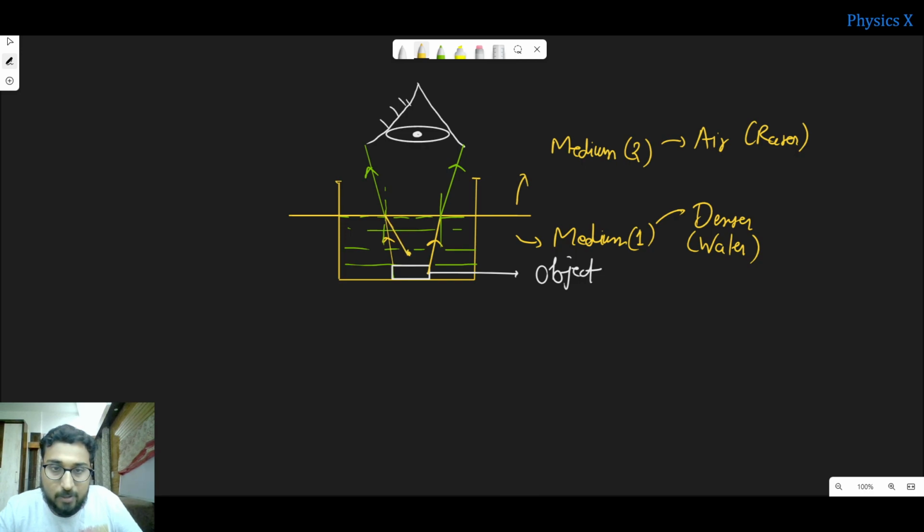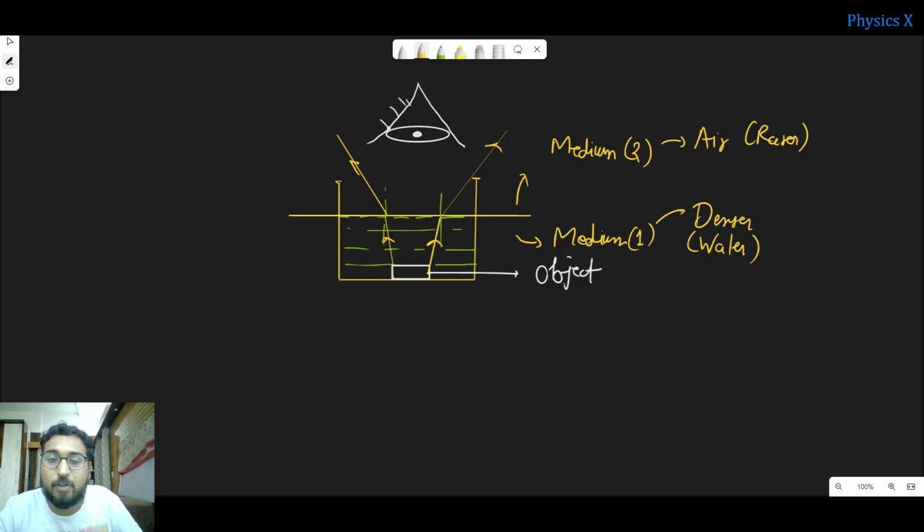If I draw it in the straight direction, that is how they will be coming from. Let me draw this more accurately, because these are not deviated too much away from the normal.